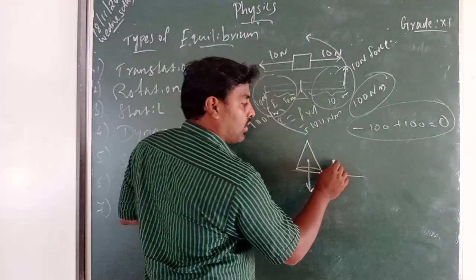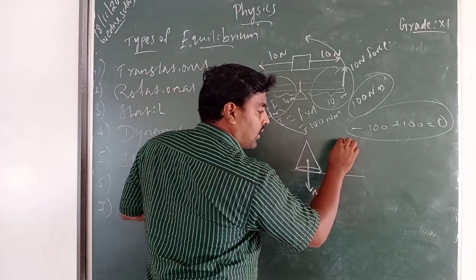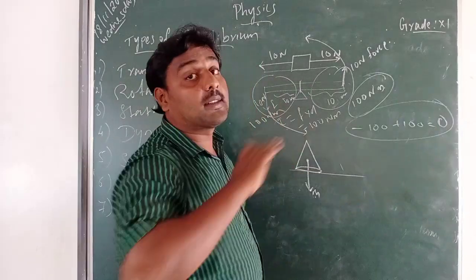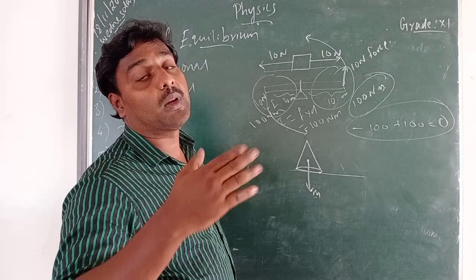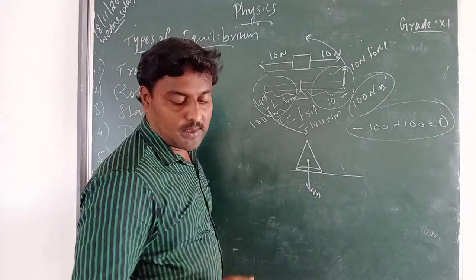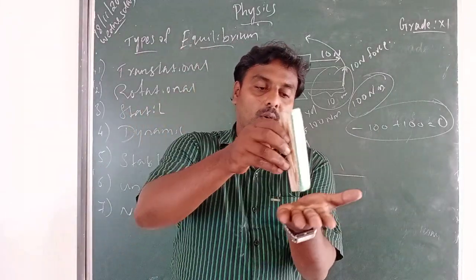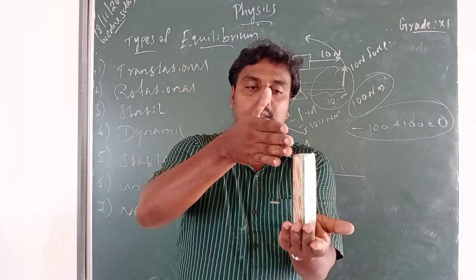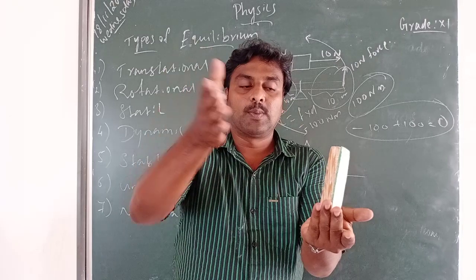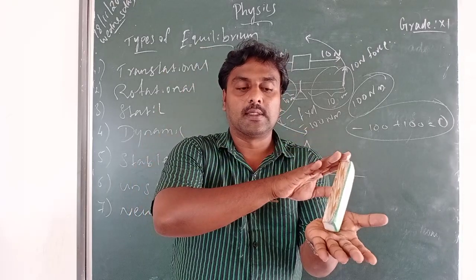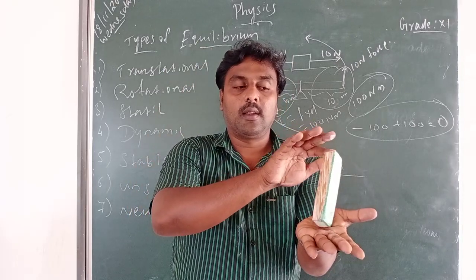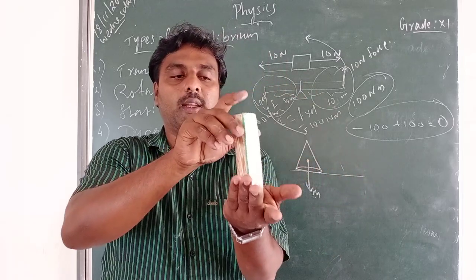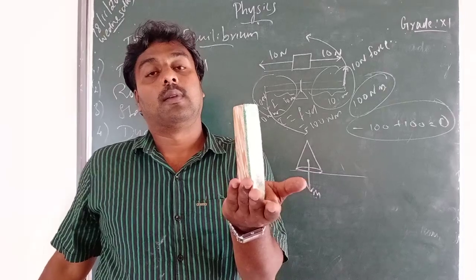I will tell you how. Suppose the same cone is tilted slightly. Tilted means you displaced it slightly. Just assume one cone is like this and you are displacing it like this. You can see the cone will move to this position, and again it will come back to its original position.